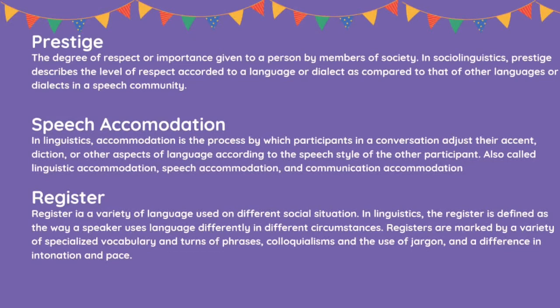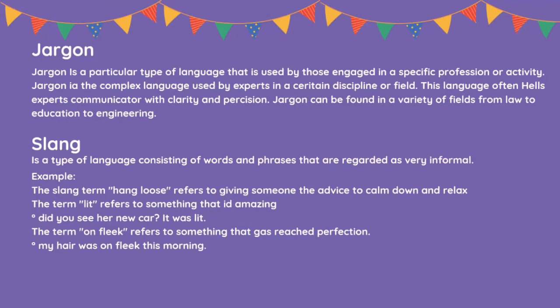Register. Register is a variety of language used in different social situations. In linguistics, the register is defined as the way a speaker uses language differently in different circumstances. Jargon.